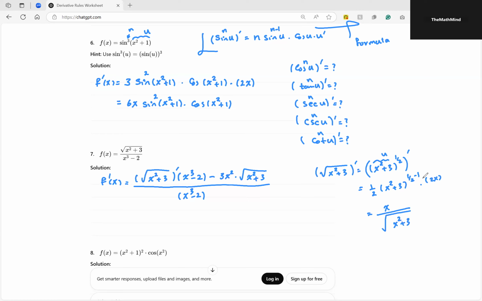So this exponent will be negative 1 over 2, but we move it to the denominator to make the exponent positive. This is what you need to replace in the first term in the top. This will be x over a square root of x squared plus 3 multiplied by x cubed minus 2, and just write the rest of the answer.